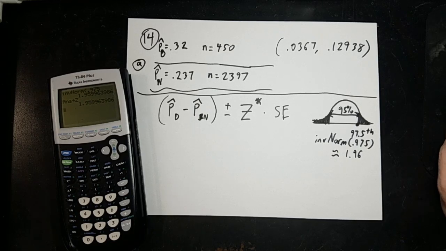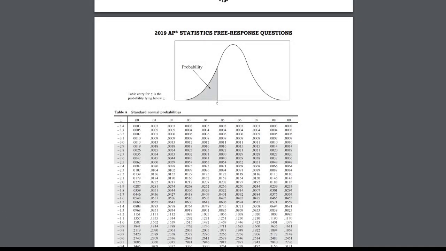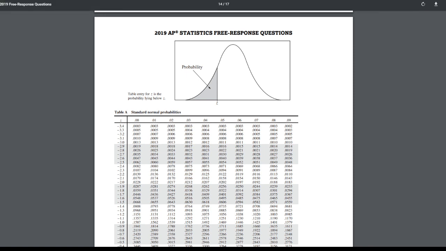This is something that I haven't shown in the past. We didn't really need it, per se. But this is a chart that they give you on the AP test. Now, in terms of this online AP test, they may just insert this in terms of a formula sheet that you can access, but it's actually fairly simple to use.